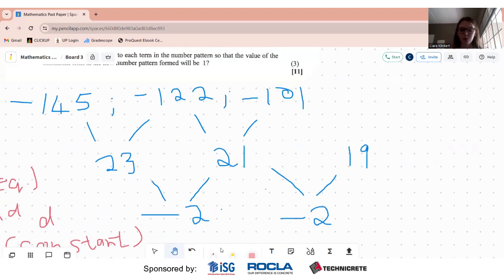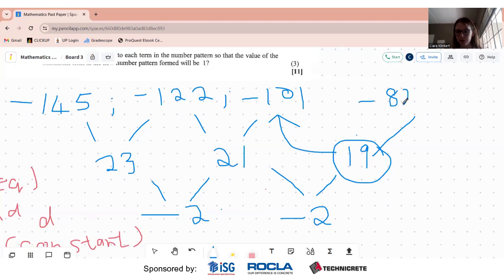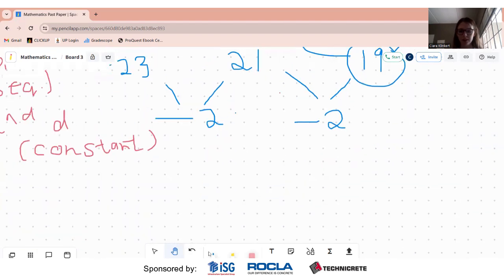So now to find the fourth term of our quadratic sequence, I must add 19 to this last term. So minus 101 plus 19 is going to give me minus 82. And then for my final answer, I must write that T4.